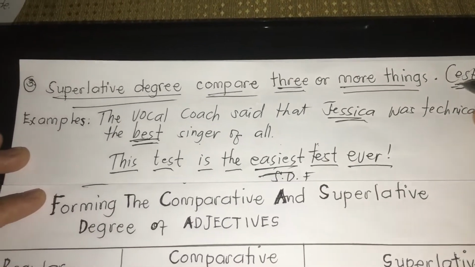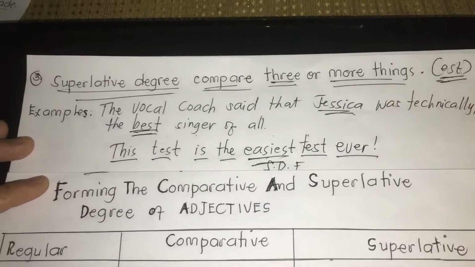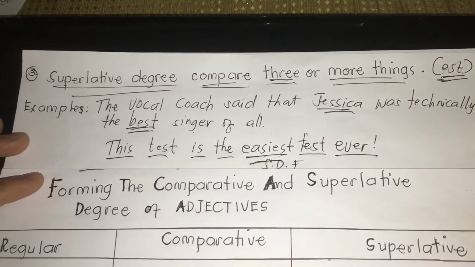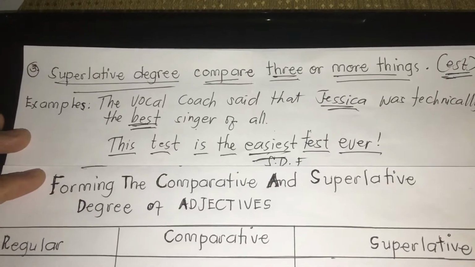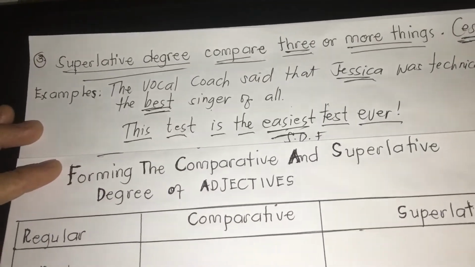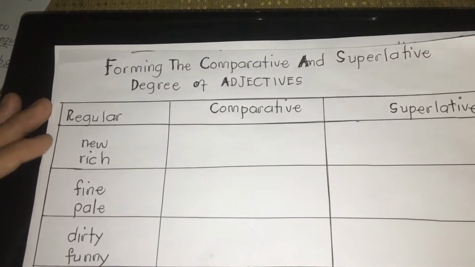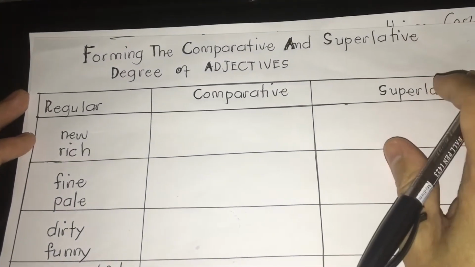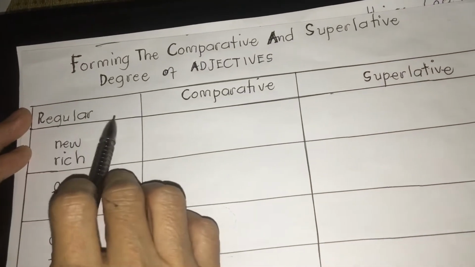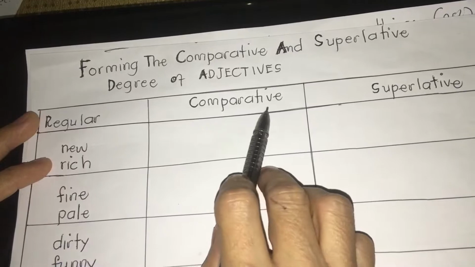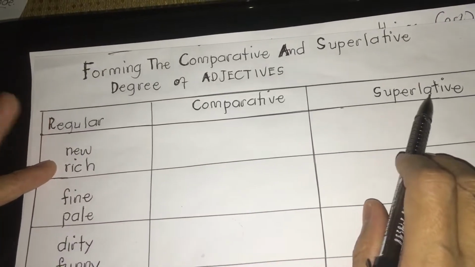It ends with est. But remember, guys, in superlative degree, not all end with est. We compare three things or more. For example, in forming comparative and superlative degrees, we first have the regular ones: positive, comparative for two or more things, superlative for three or more.